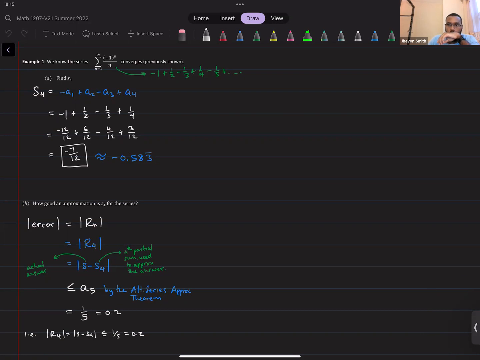Okay, let's move on to the next part. So I'm given this series, the alternating harmonic series. We calculated the sum of the first four terms. The error we've also just calculated. It's just the magnitude of the fifth term, which is 1/5.